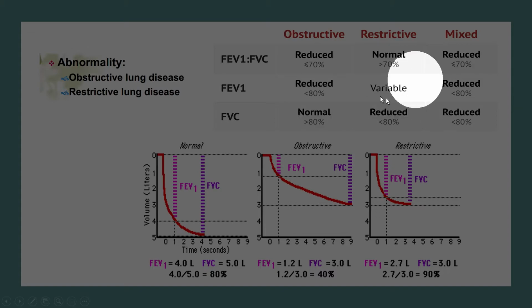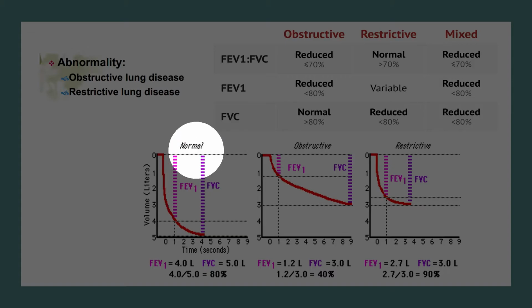In restrictive disease FEV1 can be variable, and the forced vital capacity will be normal in the obstructive disease, because the size of the lung has already increased. However, in the restrictive disease there is decreased forced vital capacity.